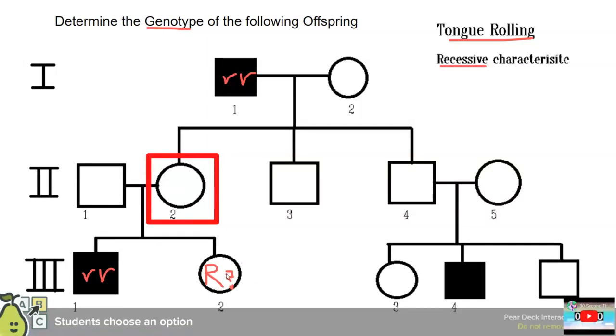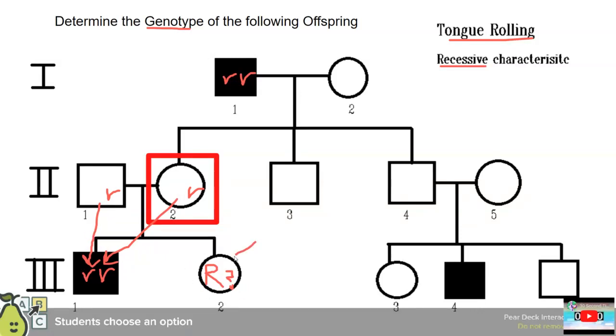It's expressing the dominant trait, but we don't really know what that second allele is. We do know for sure that we had to inherit one of these recessive alleles from the father and one from the mother. So we know that both the mother and the father have at least one recessive allele.